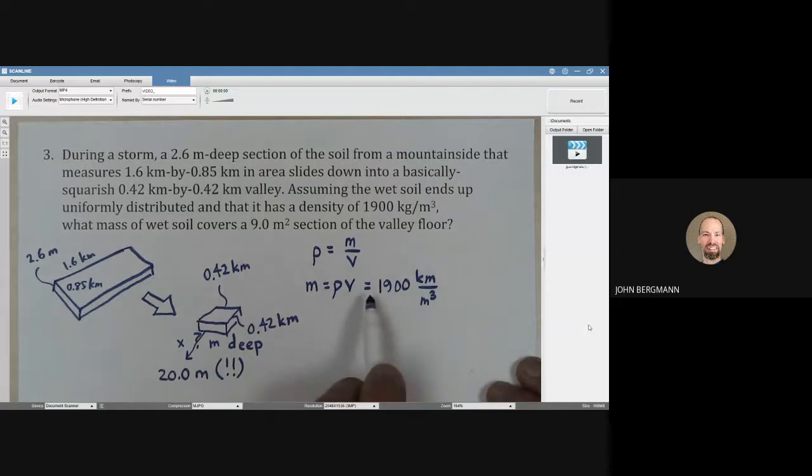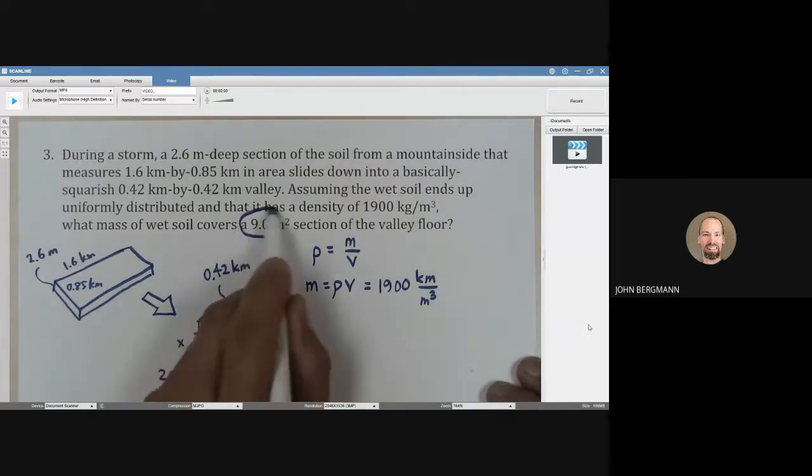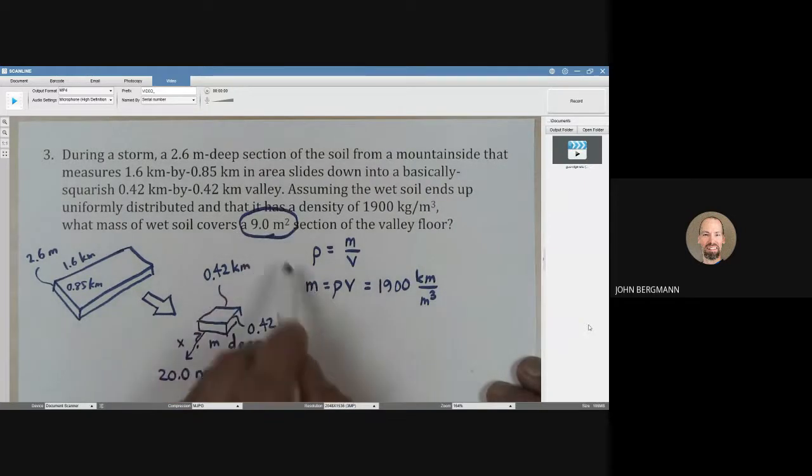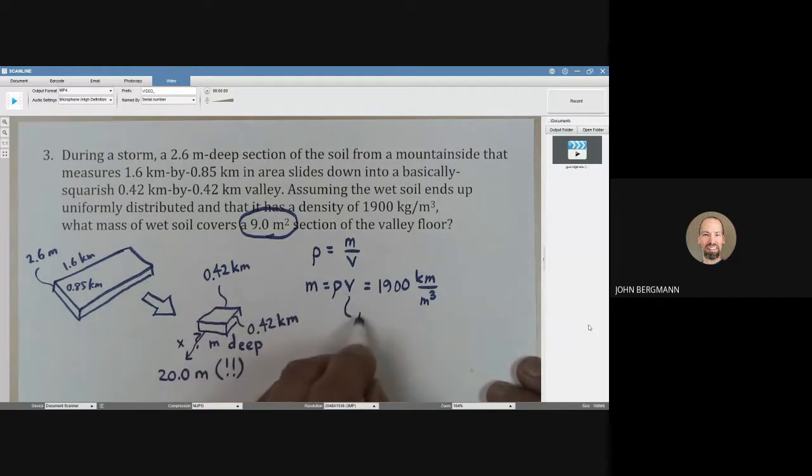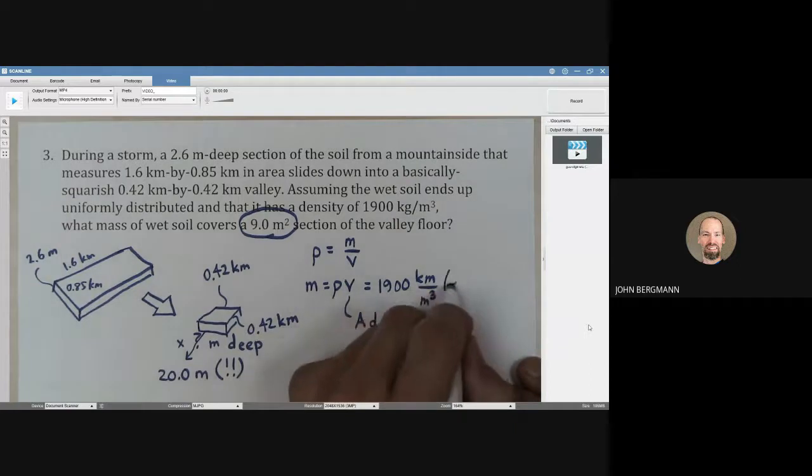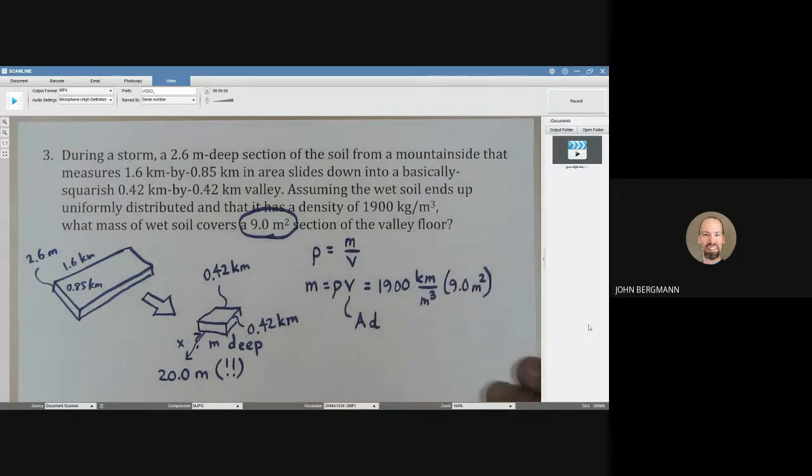What's the volume that is covering that much? Well, the volume is the area times the depth. And so the area is 9.0 square meters. And what's the depth that's covering this? Oh, it's 20 meters. Boom, right there.